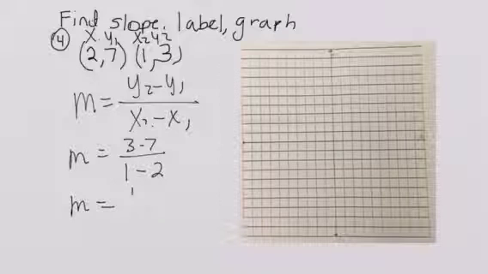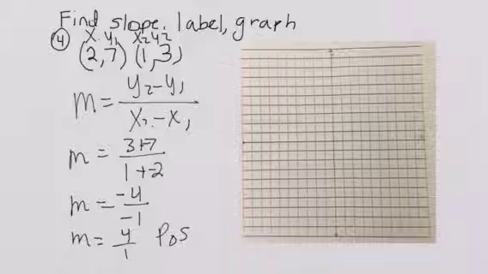M is equal to 4 over 1. We added a line, changed the sign, added a line, changed the sign. So this is actually negative 4 over negative 1, which means 4 over 1. This is going to be a positive slope. So we're going to find our first ordered pair, which is going to be 2, 7.